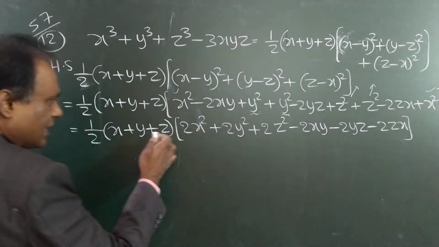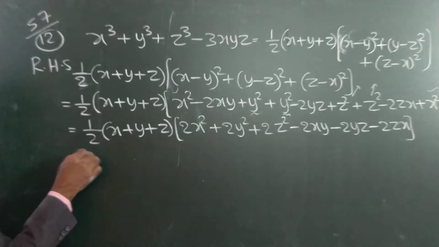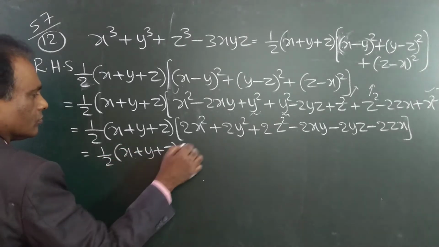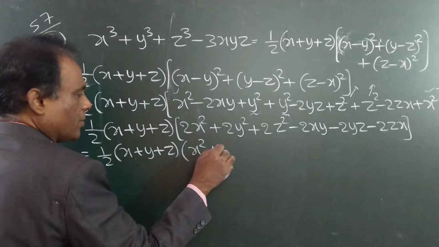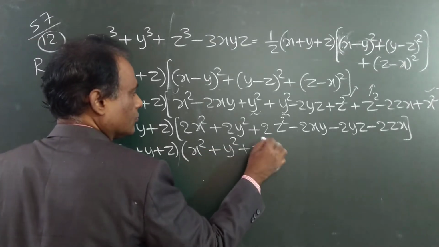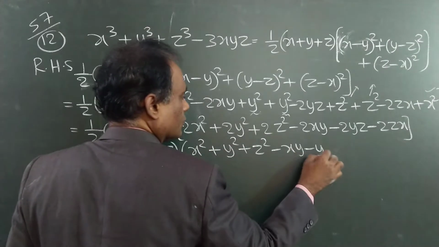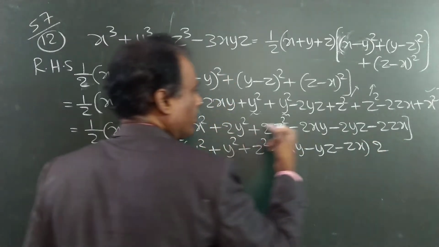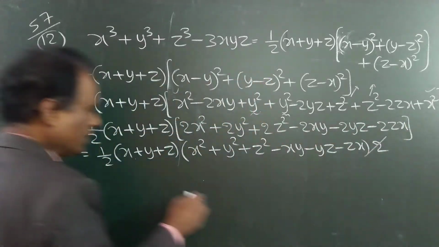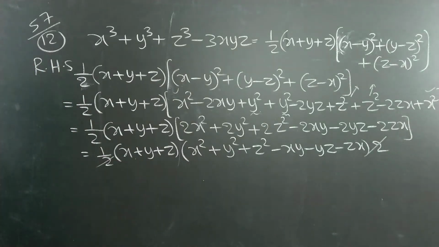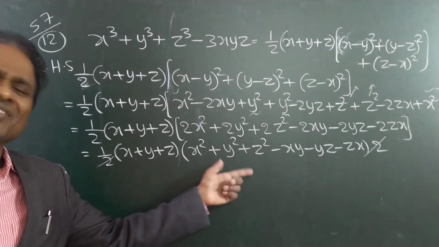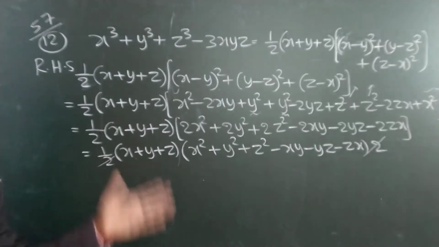Take 2 common, and it cancels with the 2 in the denominator. Next, you can multiply or there is no need to multiply.